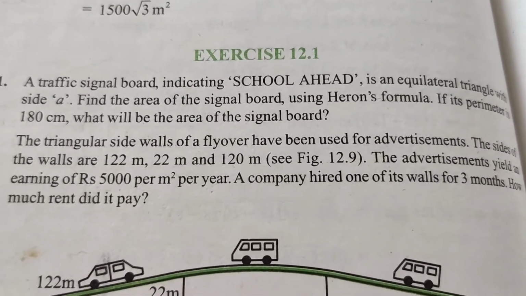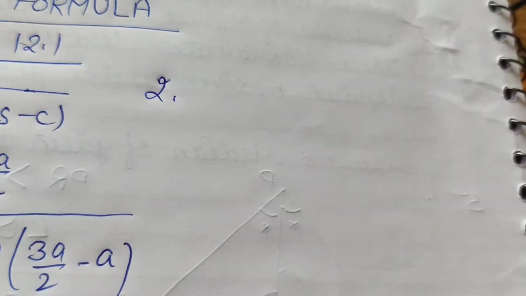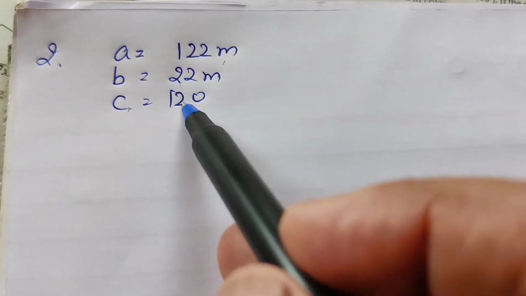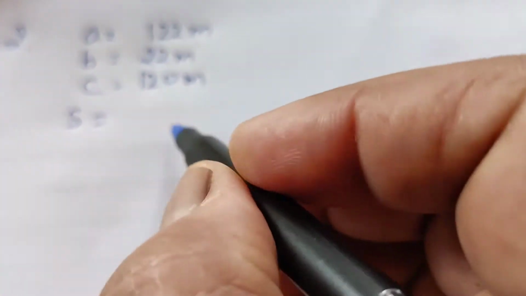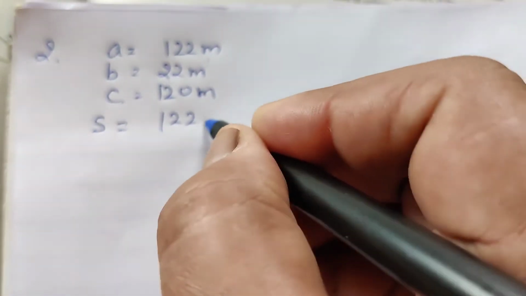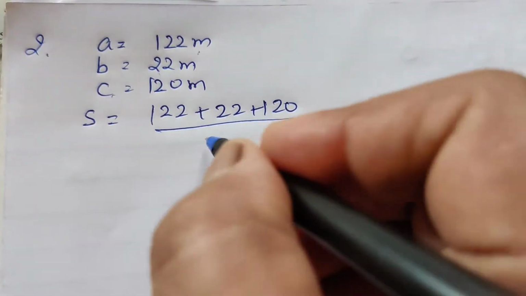Now first we have to find the area of the wall. A equal to 122 meter, B equal to 22 meter and C equal to 120 meter. Now first we have to find the semi-perimeter. 122 plus 22 plus 120 by 2.